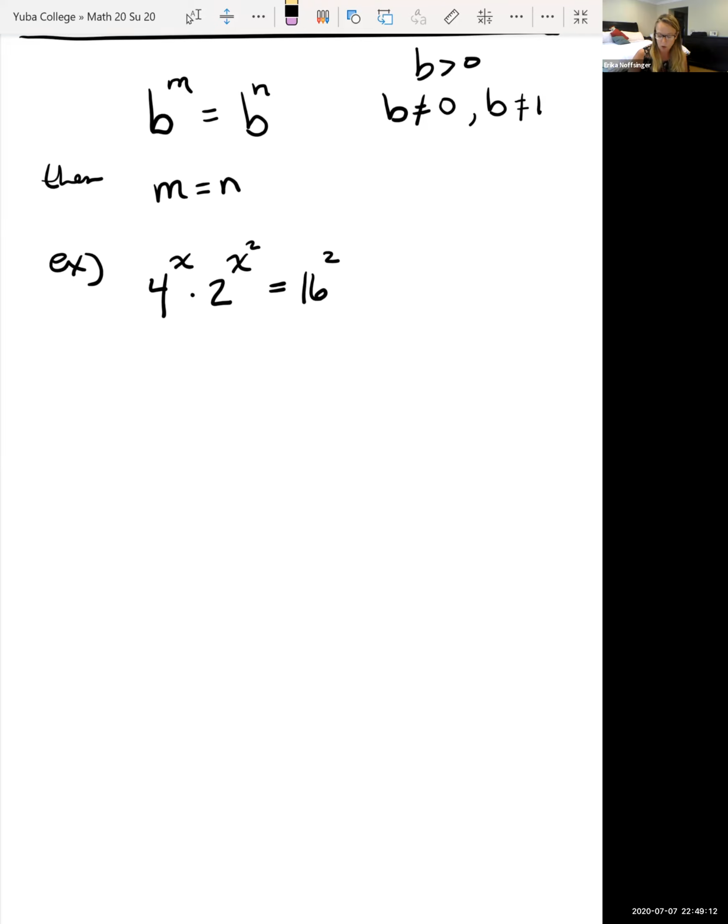Our goal: I noticed that 4, 2, and 16, which are all bases, can be manipulated to be base 2. Let me make sure I wrote that down right. I did. So we're going to manipulate all these to be base 2, and then we're going to use rules of exponents.